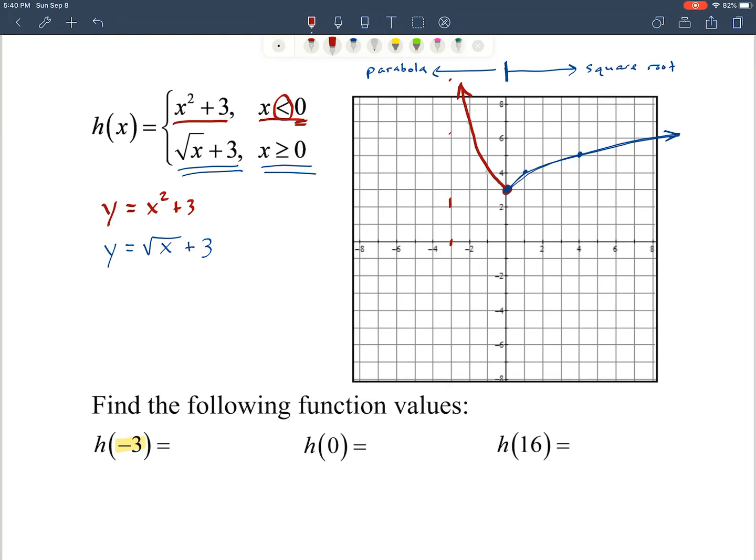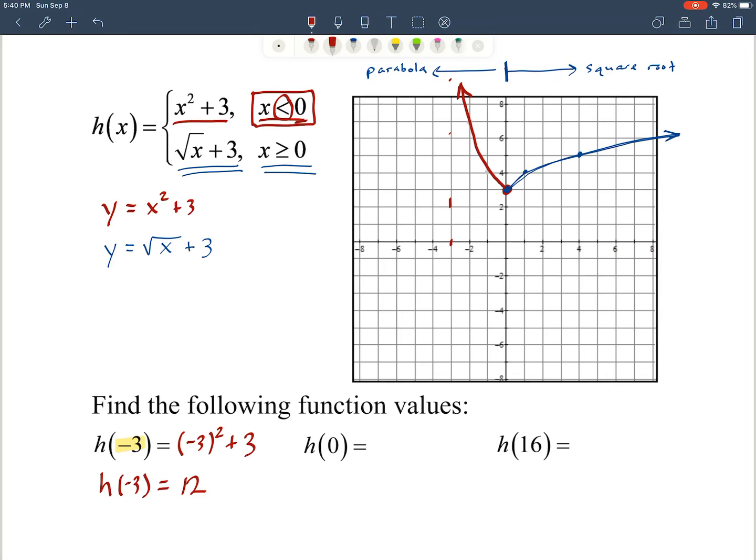So since we know that negative 3 would fall in where x is less than 0, we will do negative 3 squared plus 3 because it fits in that part of the domain for this function, which would be 12. So h of negative 3 is equal to 12.